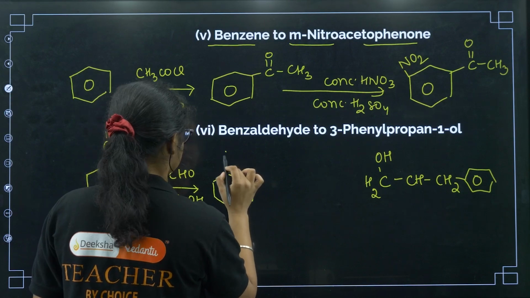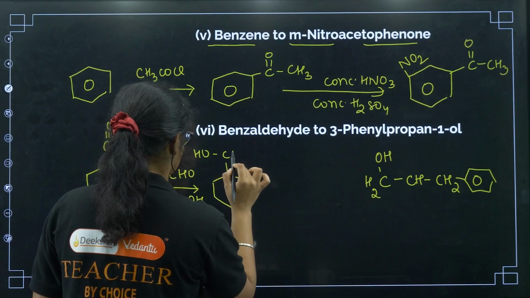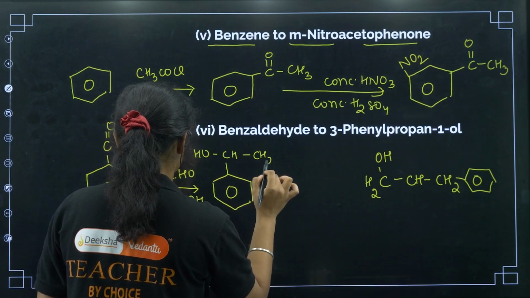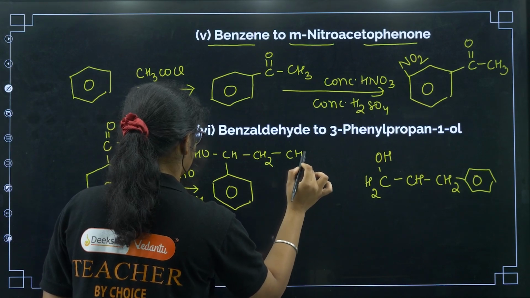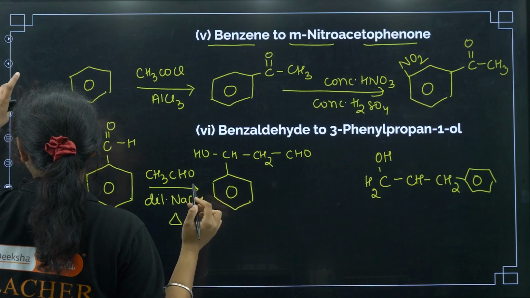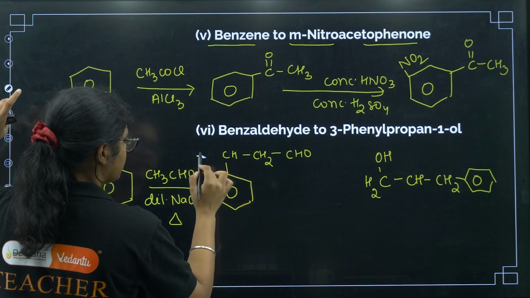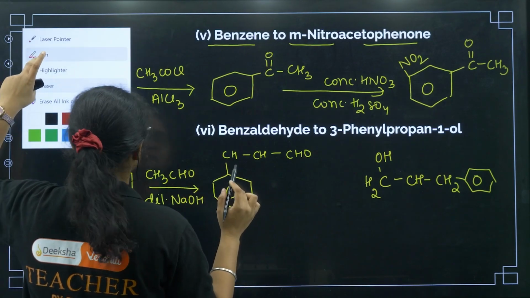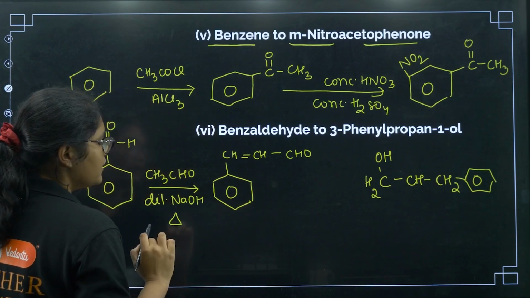I will get COH, then CH2 and CHO, but I'll also heat it. If I heat this, there will be an alkene formation here, right? So I'll erase this and get one alkene here.